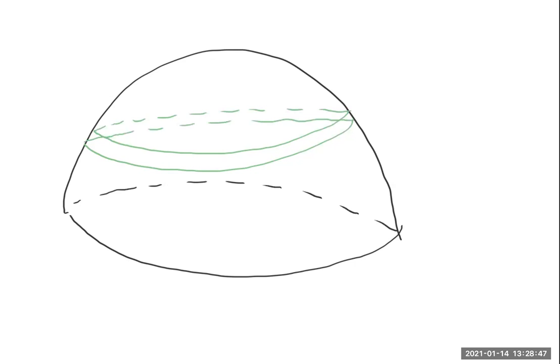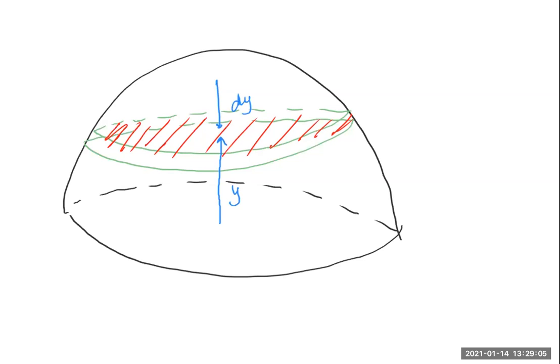No problem whatsoever. The location of the element will be y from the center of the solid hemisphere, and therefore the thickness will be dy.